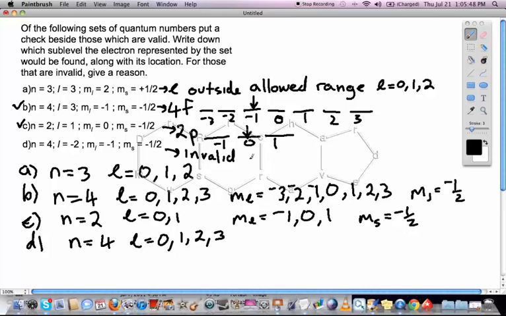The ranges for if n equals 4, then L can only equal 0, 1, 2, or 3. L can never be negative anyway, but that's definitely why this one is going to be invalid. Alright, so there you go.